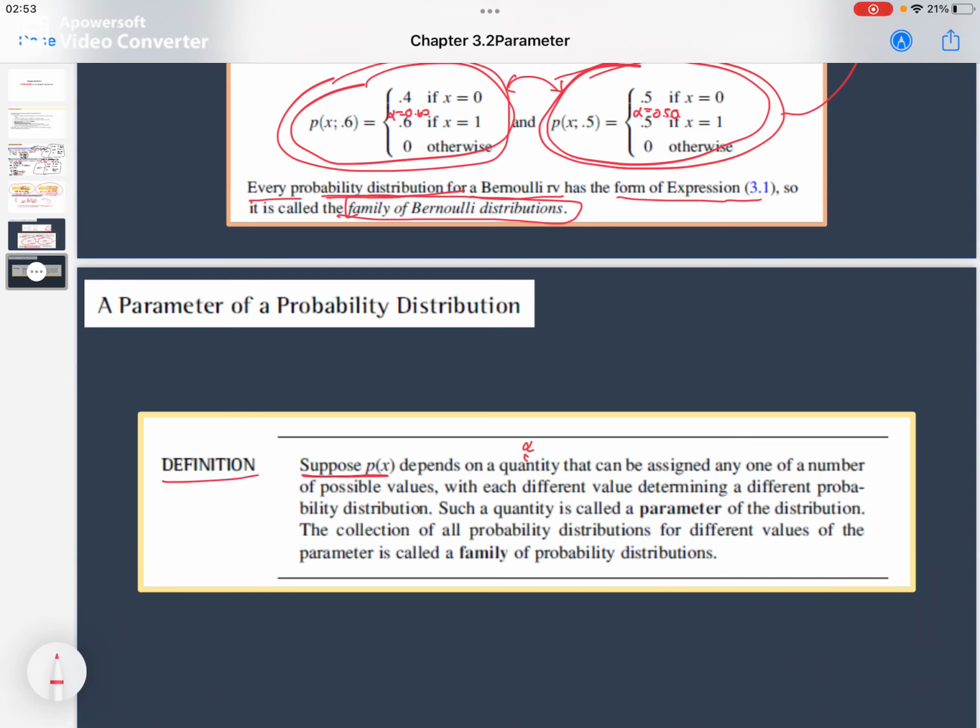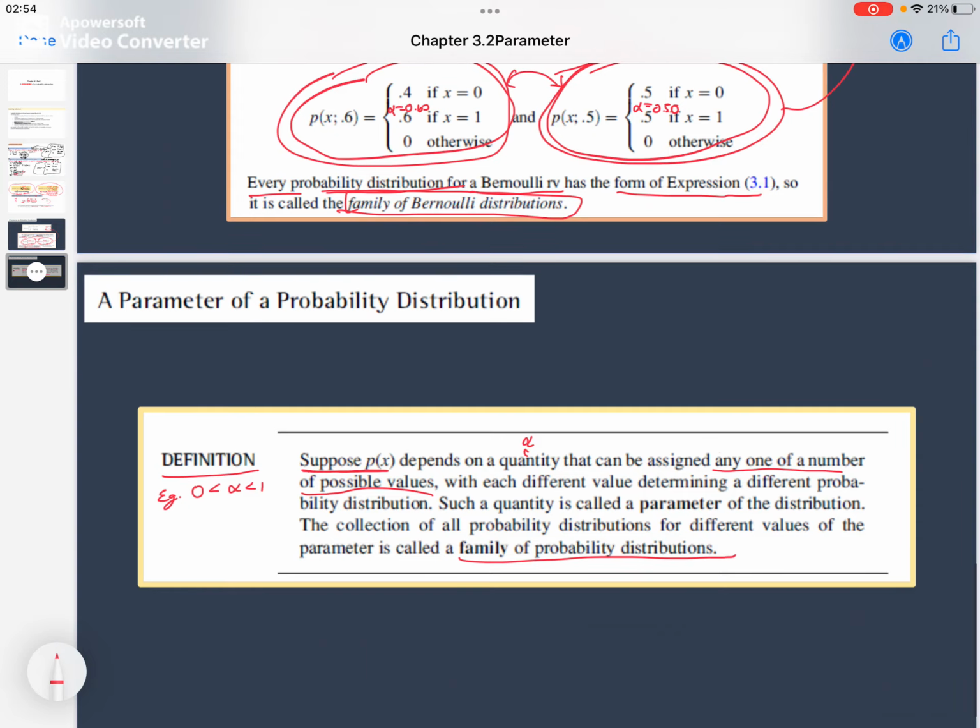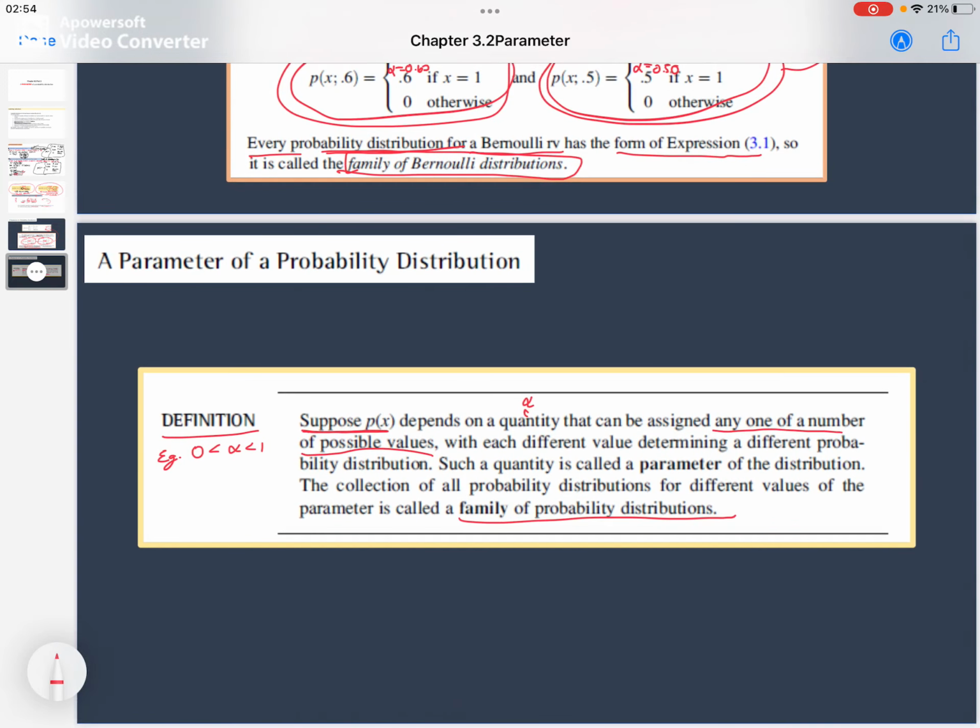So the definition says, suppose P(x) depends on a quantity that can be assigned any one of a number of possible values, alpha, any number between 0 and 1, for example, with each different value determining a different probability distribution. Such a quantity is called a parameter of a distribution, and the collection of all probability distributions for different values of the parameter is called a family of probability distributions. So you have now learned the concept of a parameter of a probability distribution.